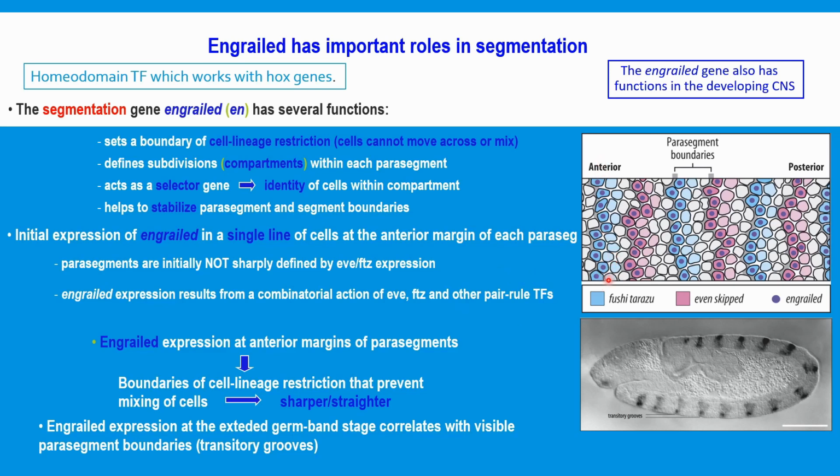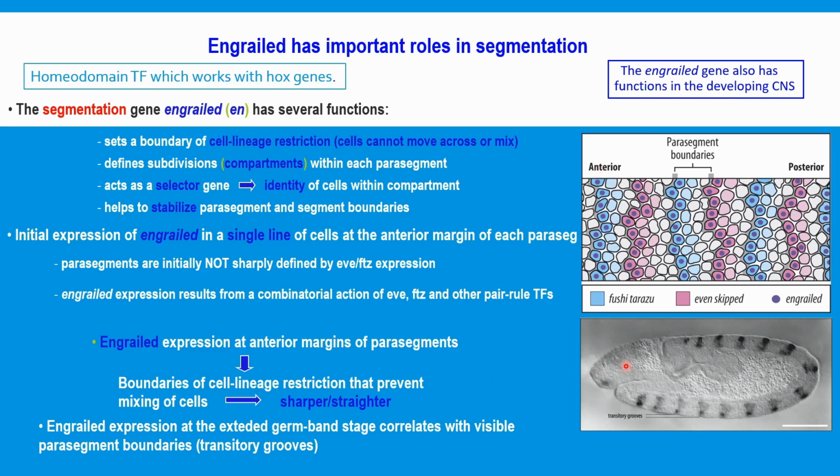As the embryo grows, actually, it will expand slightly. So this just repeats. Engrailed is expressed at the anterior margins of parasegments. It makes a boundary, a border that prevents the mixing of cells, and this will make sharper or straighter parasegments.